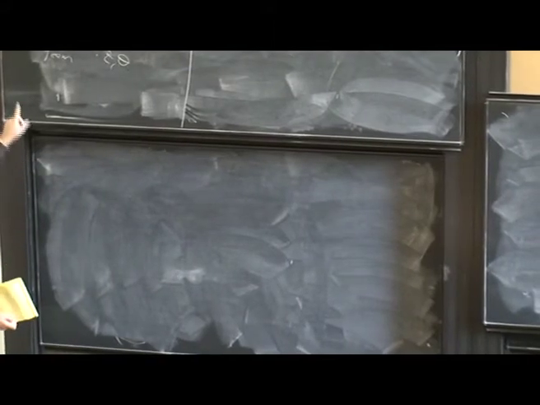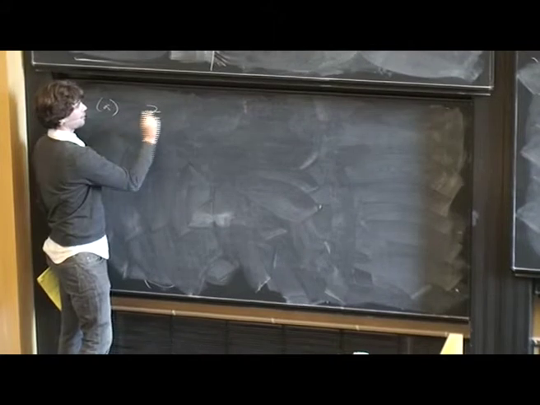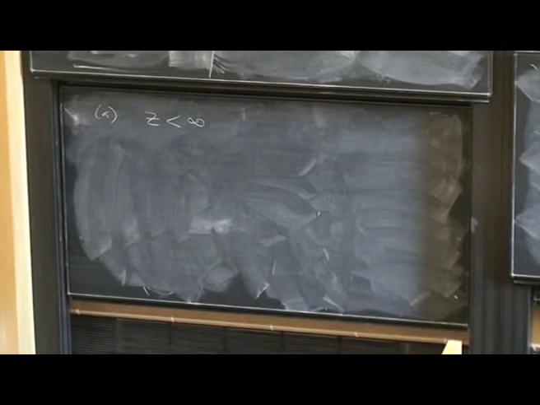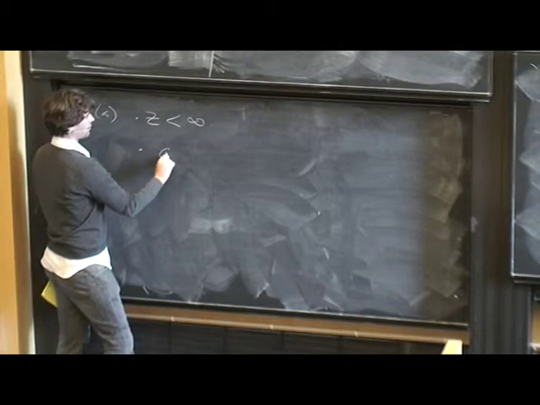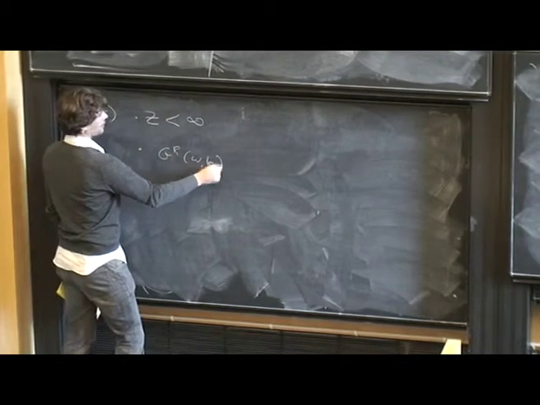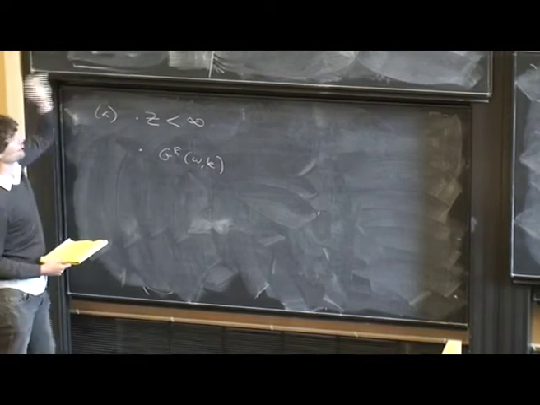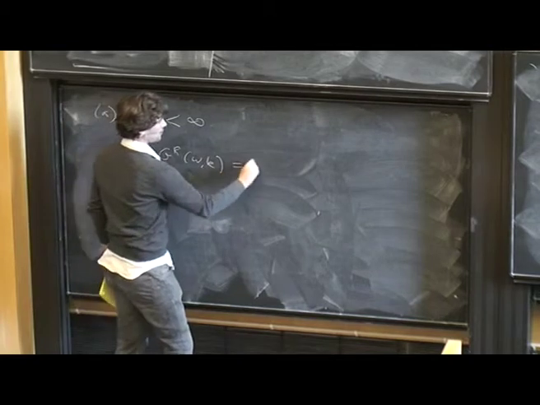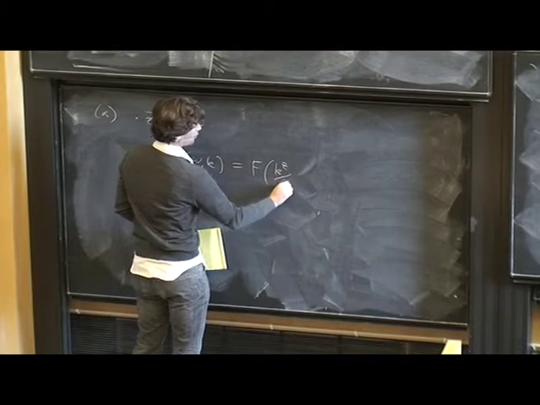So let's calculate the retarded Green's function from the IR. It splits into two cases. The first case is when z, this dynamical critical exponent, is finite. Then, by scaling, we know that the retarded Green's function of omega and k, remember that this IR geometry has this scaling in it, and I'm using the fact that it's determined by the near horizon geometry, has to be some function of k to the z over omega.